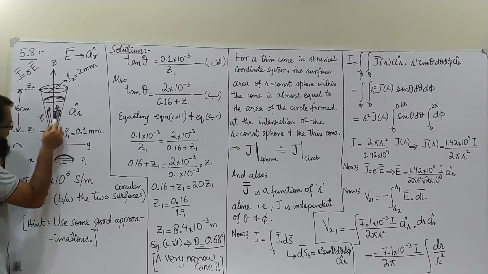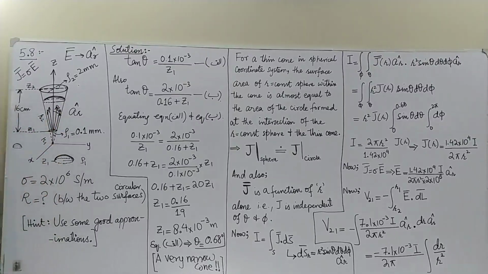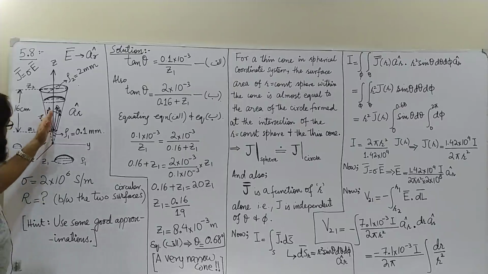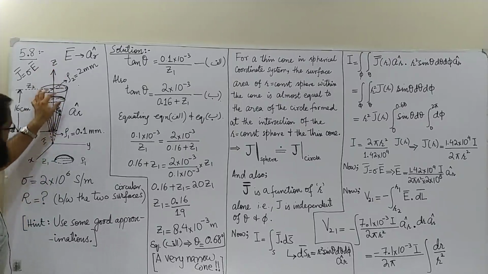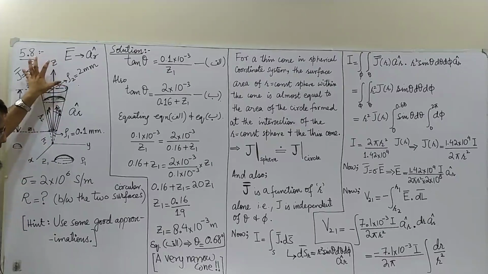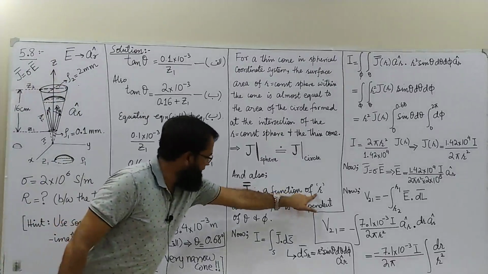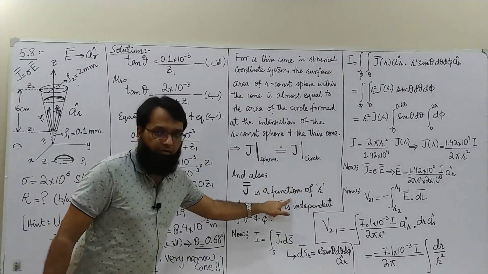Decrease the value of R, you will be somewhere at the lower locations within this cone. So the area across which the current is flowing depends on small r. That's the reason why J is a function of R.